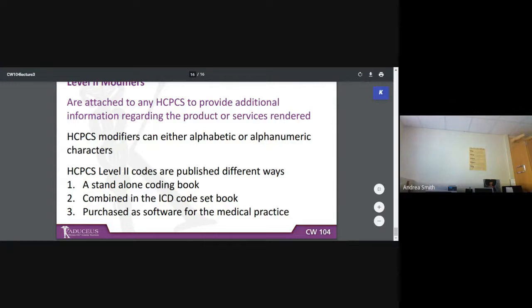So maybe not, because I have a HCPCS book. I actually bought it from Half Price Books because HCPCS codes rarely change. Rarely.